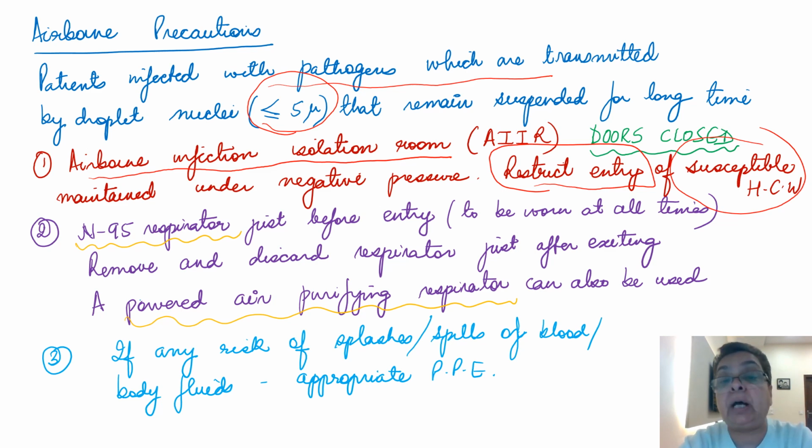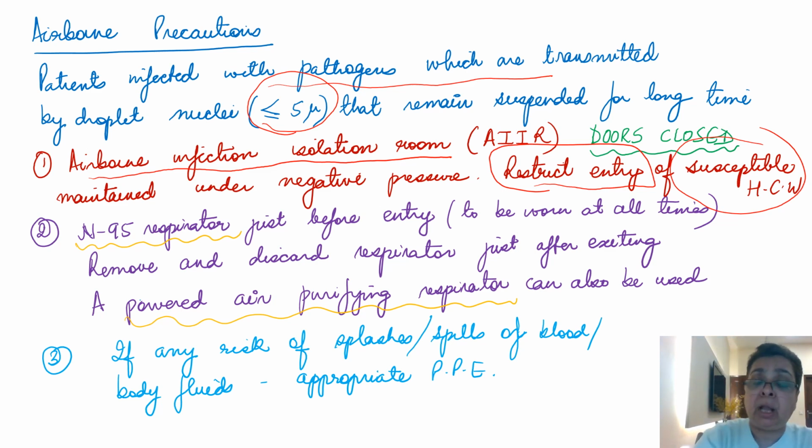These rooms are maintained under negative pressure, by which we mean that air can flow just beneath the door, but air cannot go through to the outside. In fact, air is pulled inside from the corridors. Okay, so that is called maintenance of negative pressure rooms.